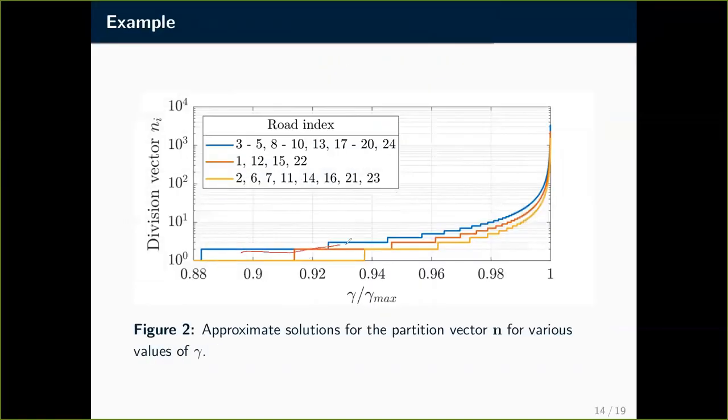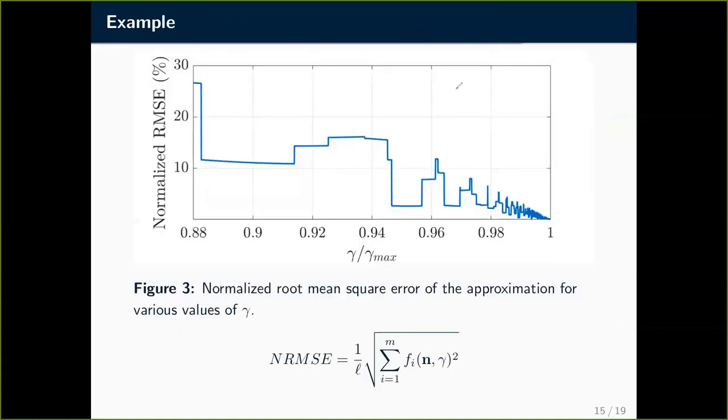And we see that as gamma approaches the maximum value, we obtain an increase in magnitude. But again, if we have a big magnitude of the partition vector, this means that the error functions will go to 0.